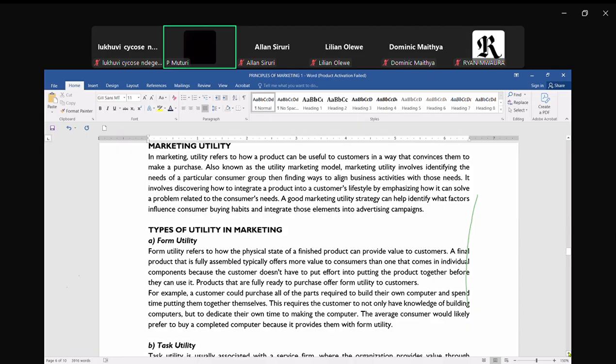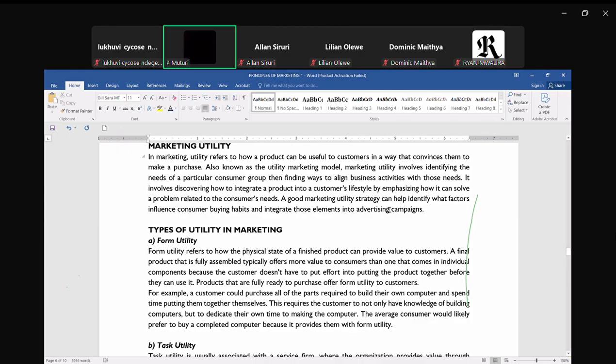What problem are they deprived of? What need do they have? A good marketing utility strategy helps to identify what factors influence people's buying habits or consuming habits, and then integrates those into the promotional campaigns.